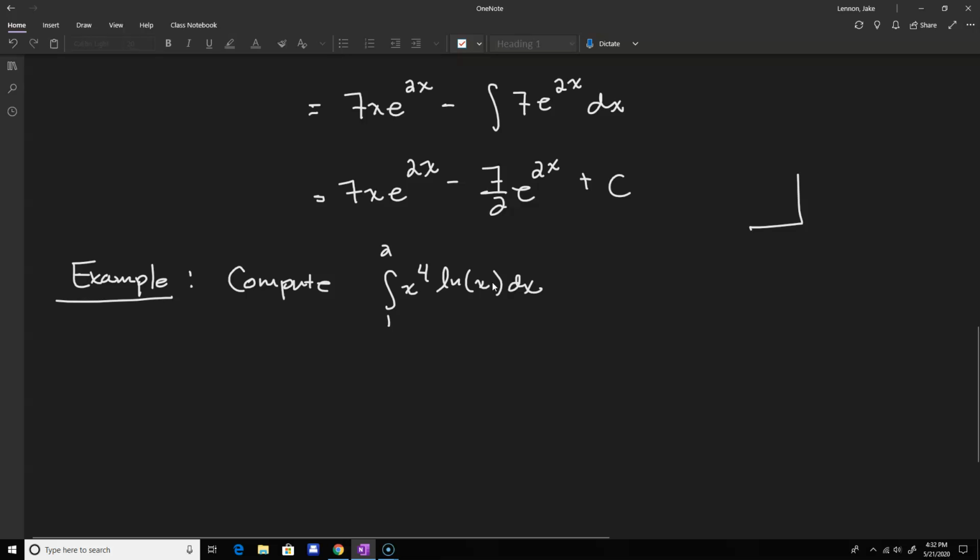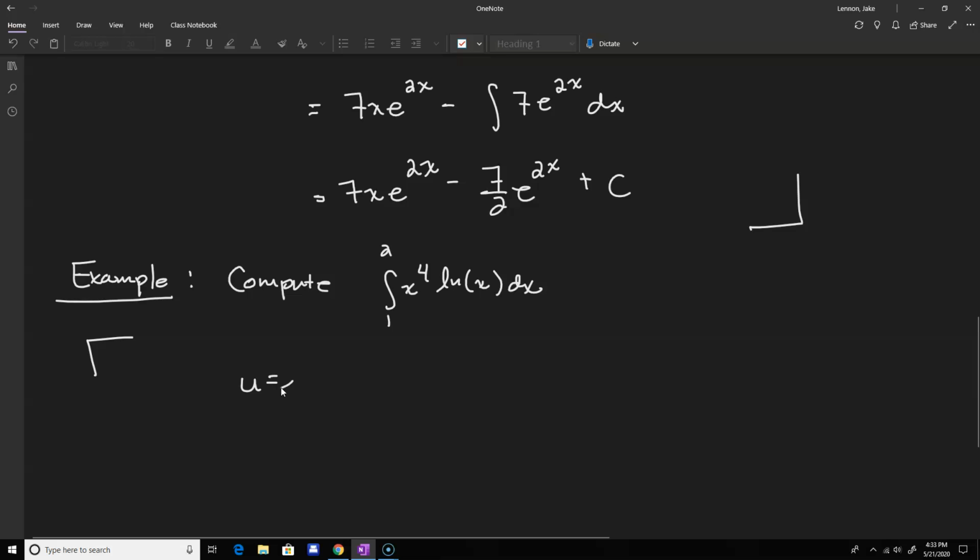Do we want to pick u to be x to the 4th, or do we want to pick the natural log? Well, at this point, probably you don't know the antiderivative of the natural log. But if you do, you know the derivative formula is much more complicated. So for this example, it makes more sense to choose u as the natural log of x and dv as x to the 4th. So that's what we're going to do.